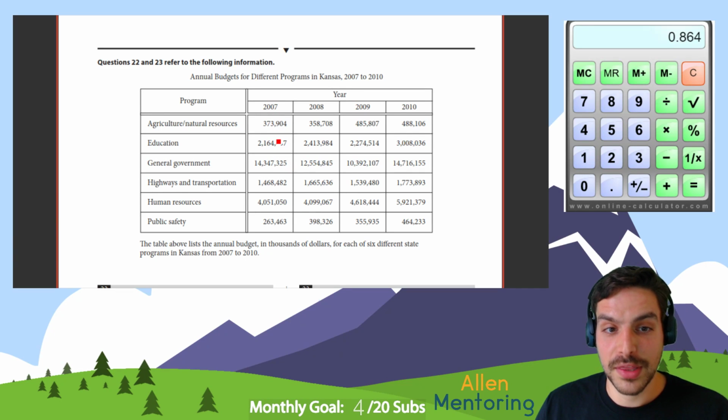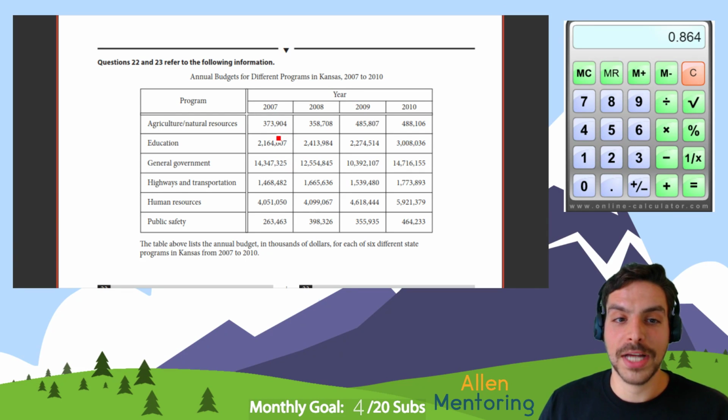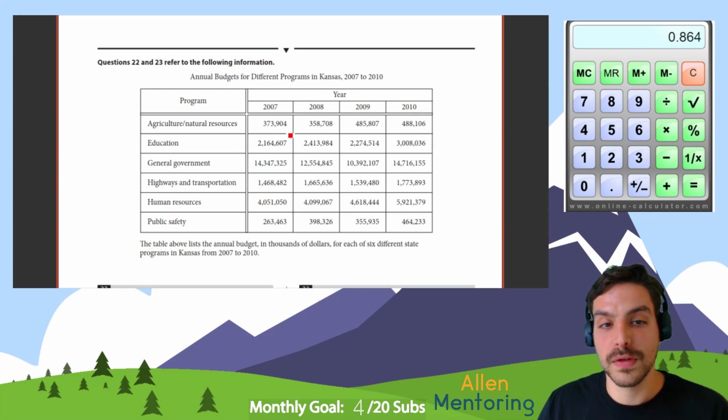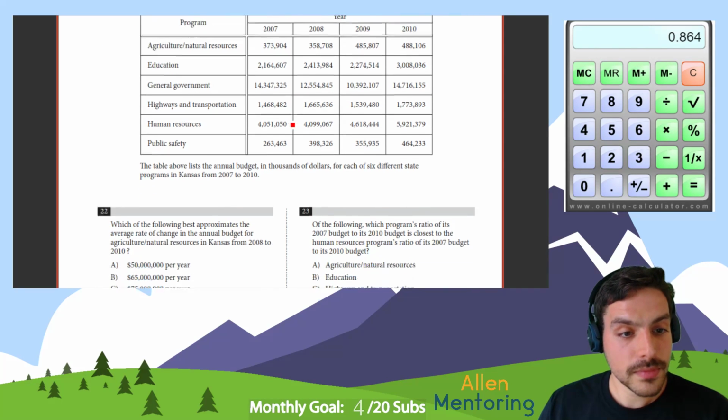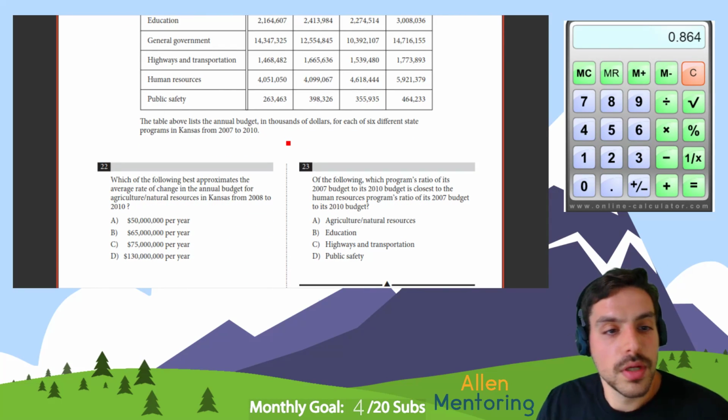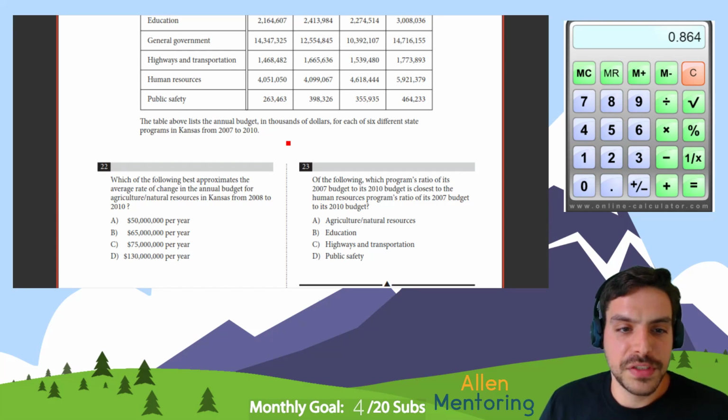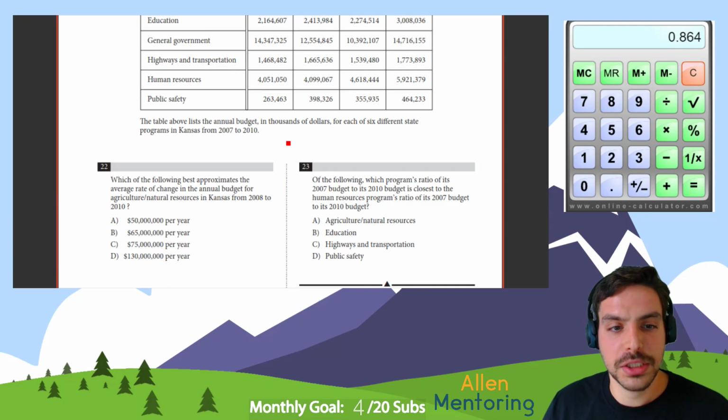So 373,904 actually means 373 million because these are written in thousands. So that might be useful to look at when you're taking the test. So 22. Which of the following best approximates the average rate of change in the annual budget for agriculture/natural resources in Kansas from 2008 to 2010?